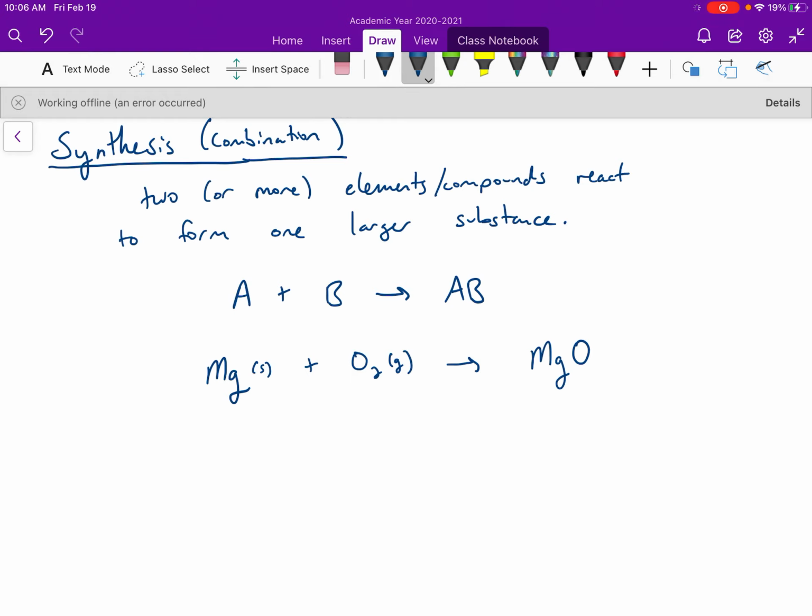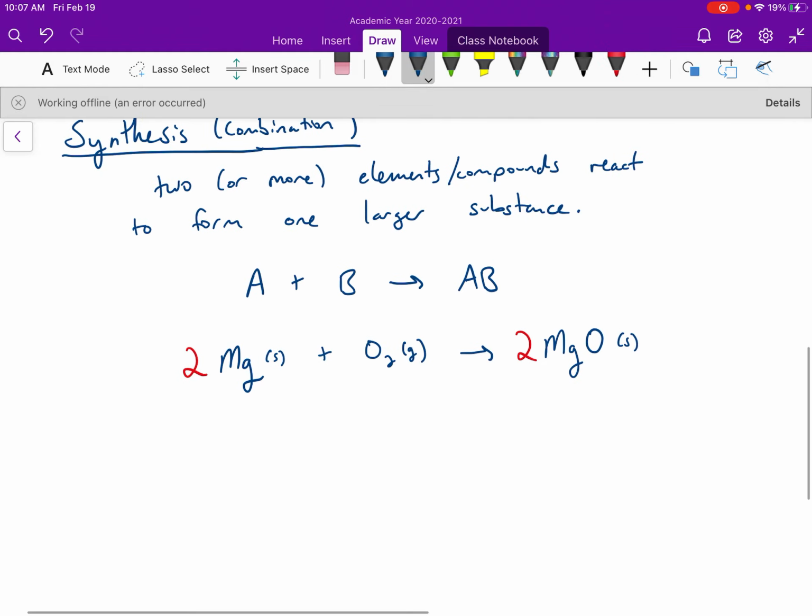We'll deal with that in a second. Magnesium and oxygen fit together 1 for 1 because magnesium has a +2 charge when it's in a compound and oxygen has a -2 charge when it's in a compound. So they fit together like this. And that's a solid, right? And then if we were to balance that, we could say that. Okay? So that's synthesis or combination.